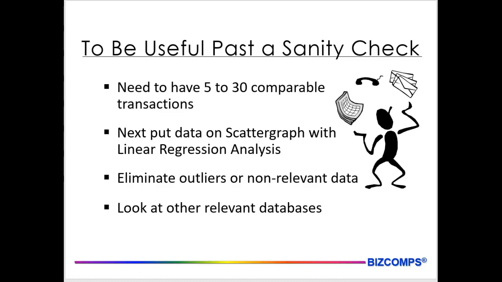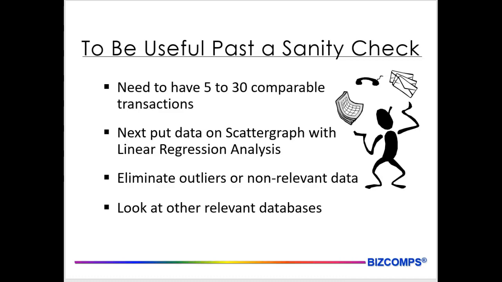So generally speaking, you need 5 to 30 comparable transactions, and I would say 6. The valuation world likes to see at least 6, and there's a big debate whether it has to be 6 or 30. But if you have at least 5, but I'd say 6 transactions that are comparable, then you can start with having a sample that would be possibly relevant for valuing the business in a proper fashion.